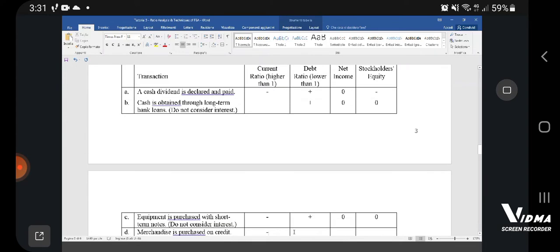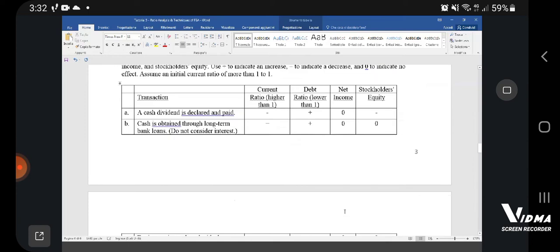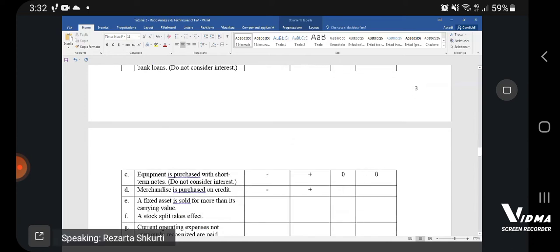Whereas for the debt ratio, what will happen? We have an increase in the total debt because trade payables are increasing, also an increase by the same amount in total assets, but the value is lower than 1, so the ratio will increase. The net income: no impact.